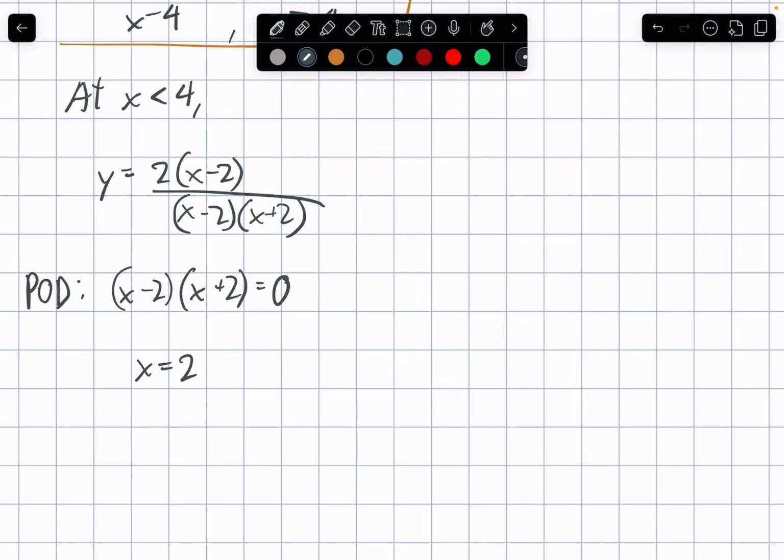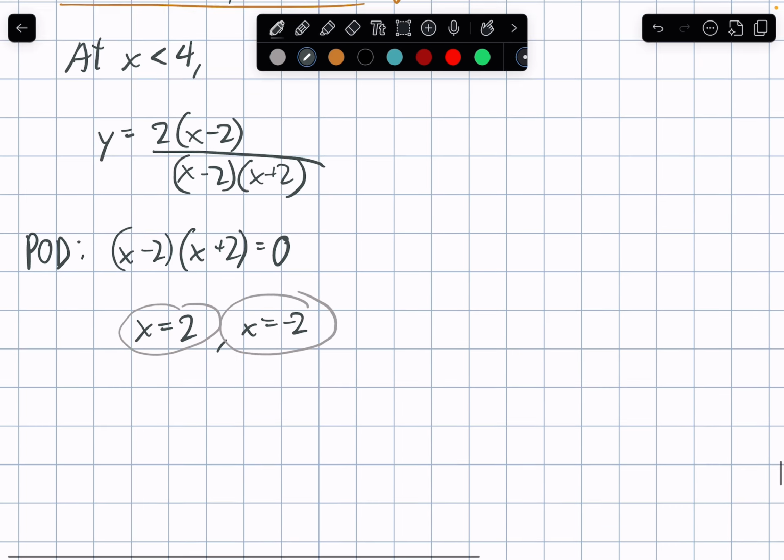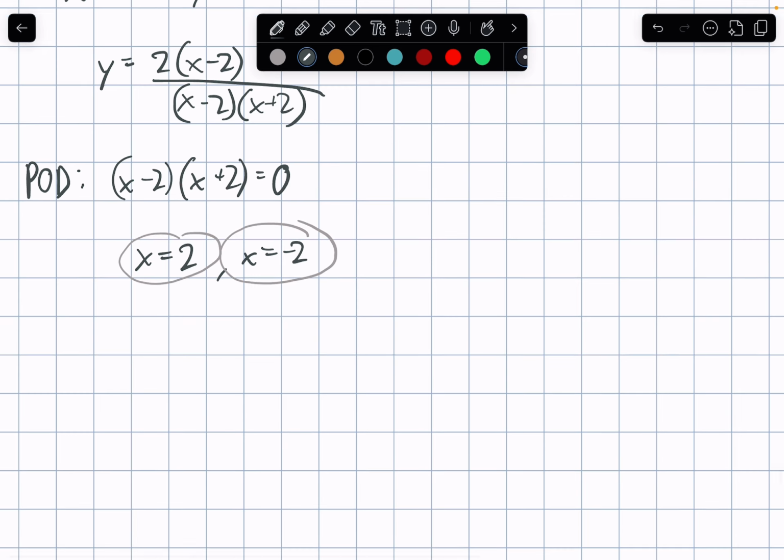So one is going to be positive 2. The other is going to be negative 2. So these are the points of discontinuity, at least coming from this rational function. So what we want to do now is find the limit as x approaches negative 2 using this.